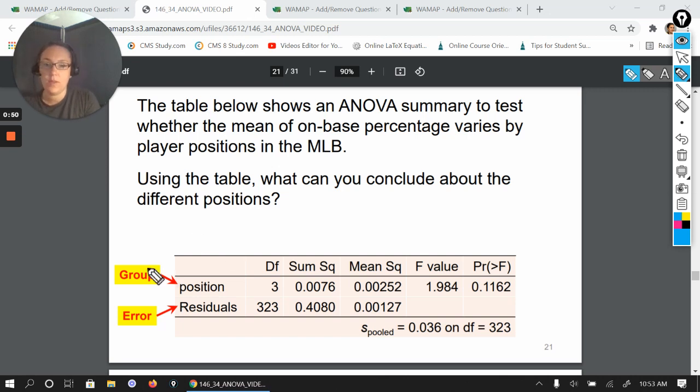Okay, so notice that the group is the positions and the error is what we call residuals. The DF column is the degrees of freedom column.